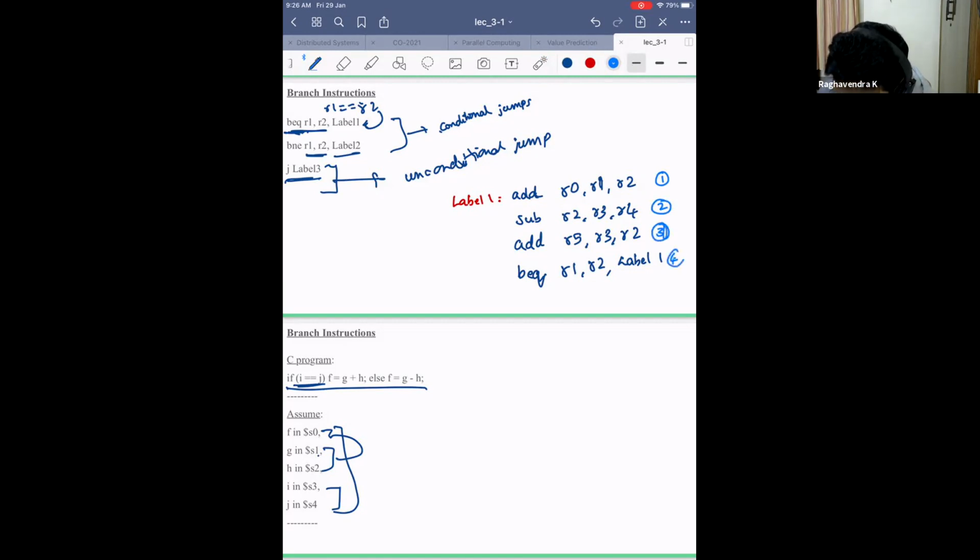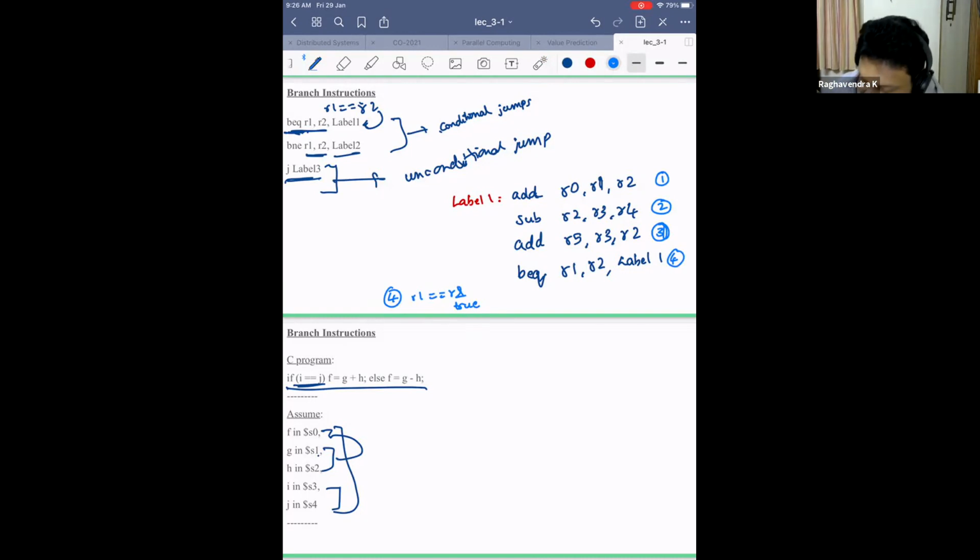And this is the fourth instruction. What is the fourth instruction? The fourth instruction is checking whether R1 is equal to R2. Let's say R1 is equal to R2 is true. Let's say both R1 and R2 values were the same. Let's assume that for some reason R1 is equal to R2.